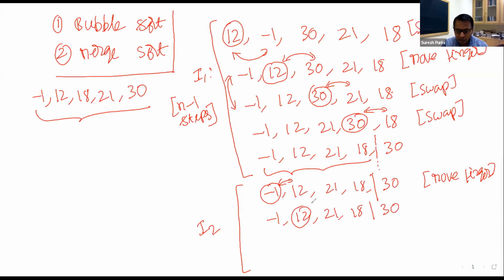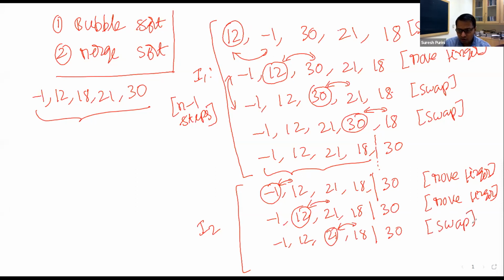Now we compare 12 with 21. Again, 21 is greater than 12, so we move finger. Now what we have is 21 and 18, and we compare 21 with 18. 21 is greater than 18, so we do a swap operation.